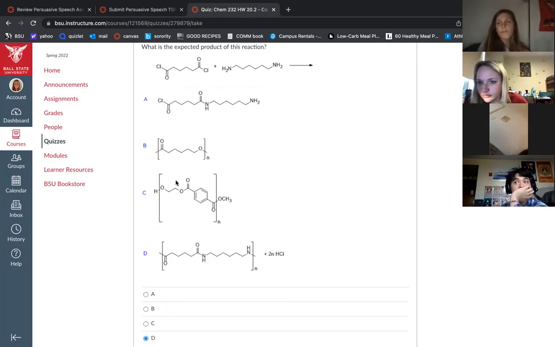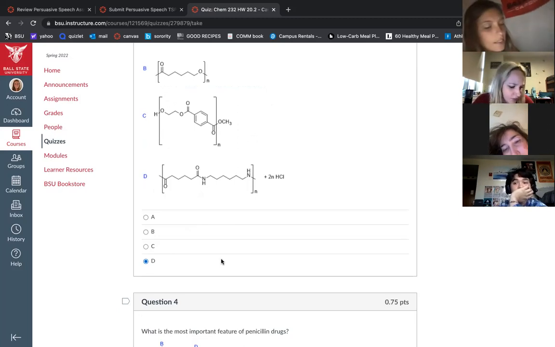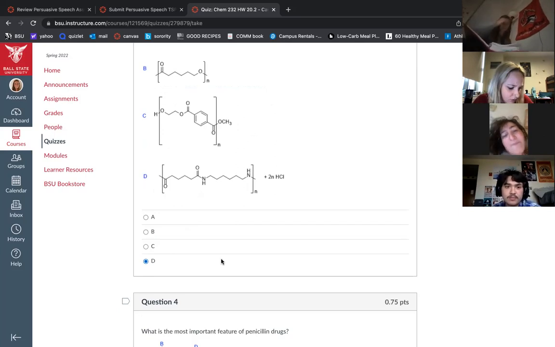The only problem with D is that it reduces this one as well, the NH. Is that what happens in the polymer chain? What section would that be in? Do you know? It's in like 20 point, like 10 or something. It should be further back. I'll go look. 11.